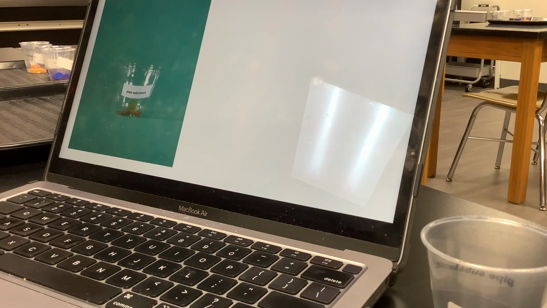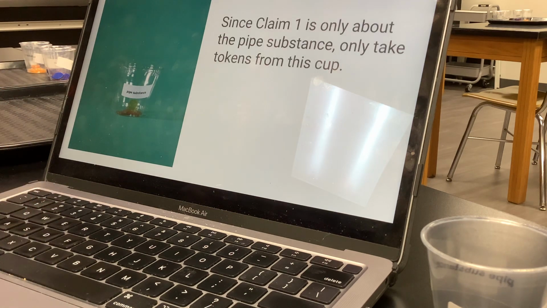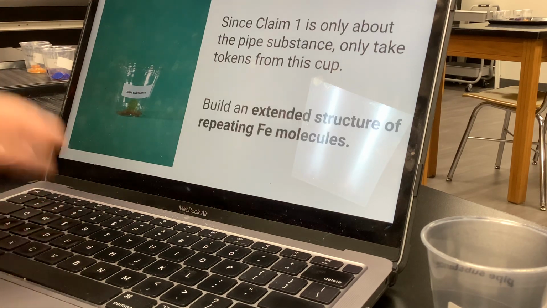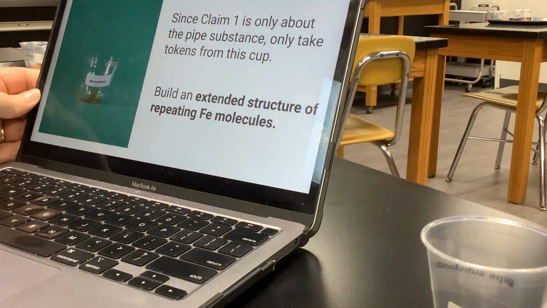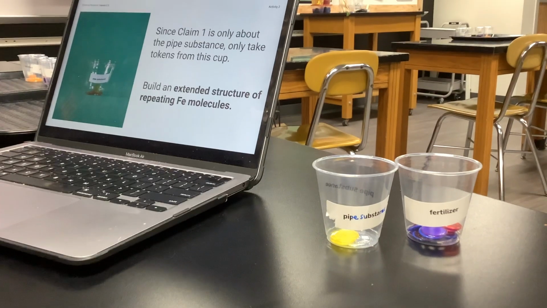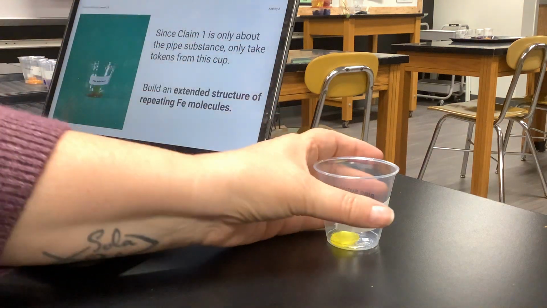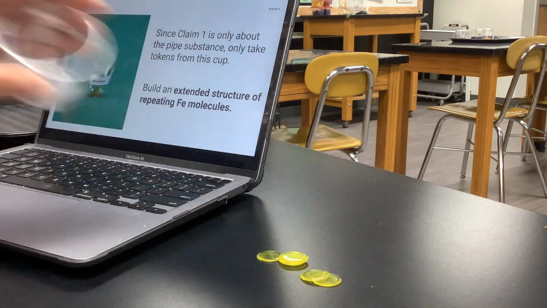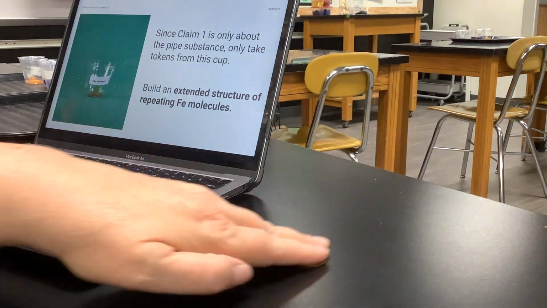So I told the kids, just take the cup that has the iron pipe substance, and I want you to build an extended structure of repeating iron molecules. So I'm going to try and do that here, right here so you can see my computer and the notes at the same time. So remember, the iron pipe is just iron.